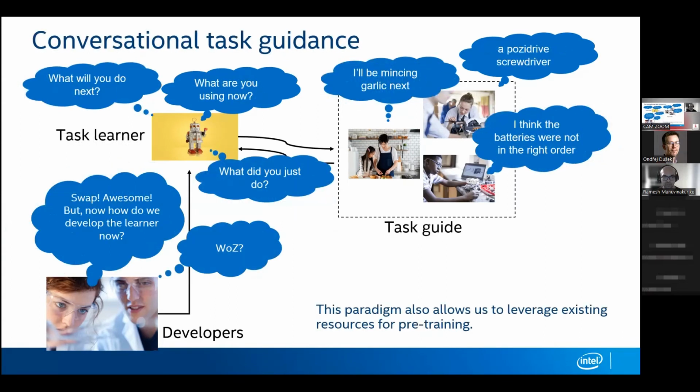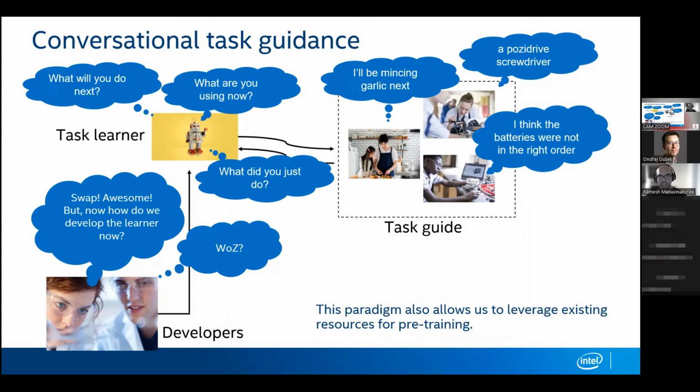In order to get there, the first thing we did was swap the problem. Learn from the experts, from humans who are performing the task. Instead of developing a system that helps them do the task first, what if we learn a system which can learn from them first and use this learning to then do the task guidance?